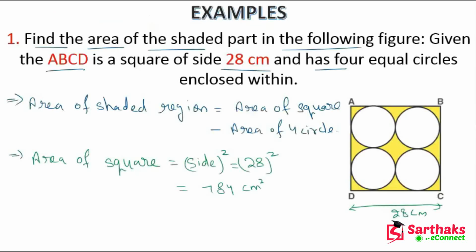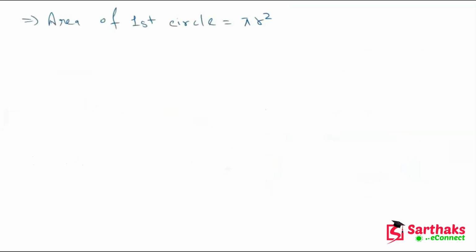Now the question comes, what is the value of the radius. From this point to this point, this is the diameter, and this is the half distance of the square side, means it is equal to 14 centimeter. So we know that diameter is equal to 14 centimeter.